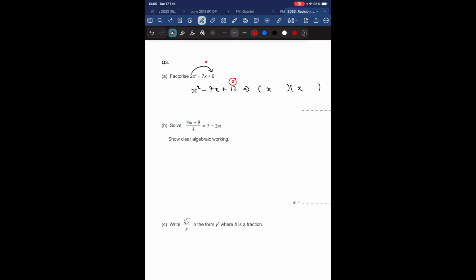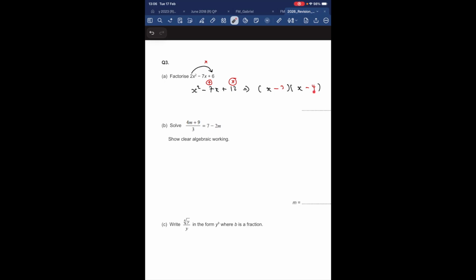And when we add the same 2 numbers together, we have to end up with this minus 7. Now, because this is a plus and this is a minus, both of the numbers have got to be negative. So the only combination of 2 numbers that do that will be minus 3 and minus 4. We can check. Minus 3 times minus 4 will give us plus 12.